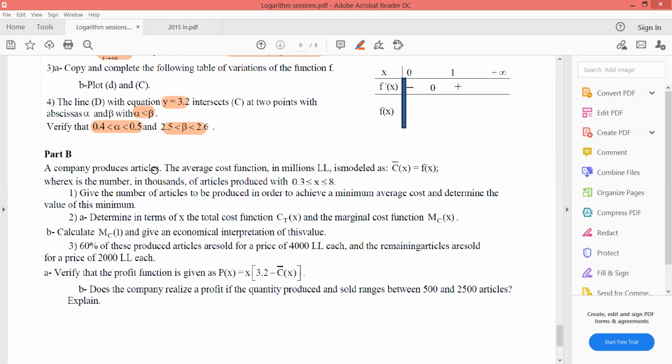A company produces articles. The average cost is in millions of Lebanese lira. We have to pay attention to the unit.